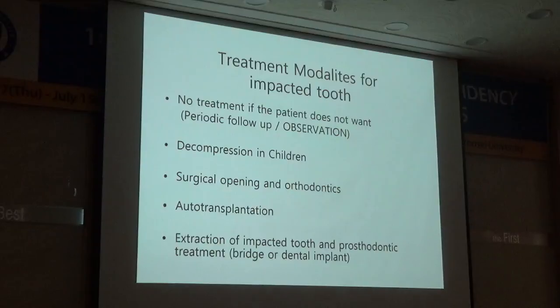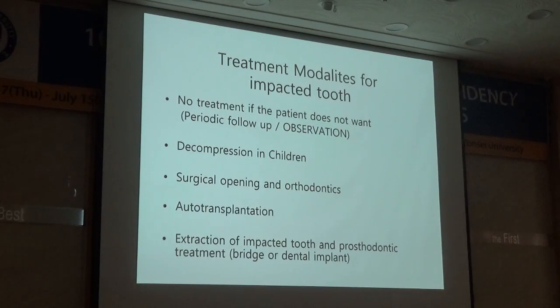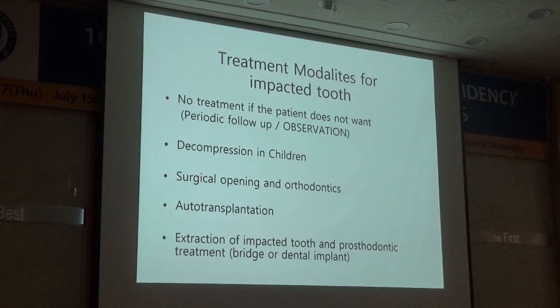Generally, we can make the treatment plan like this one. The most extensive one is the lower side: extract the tooth and put in an implant or bridge or something. The least invasive one is the first one, no treatment, and just leave it.